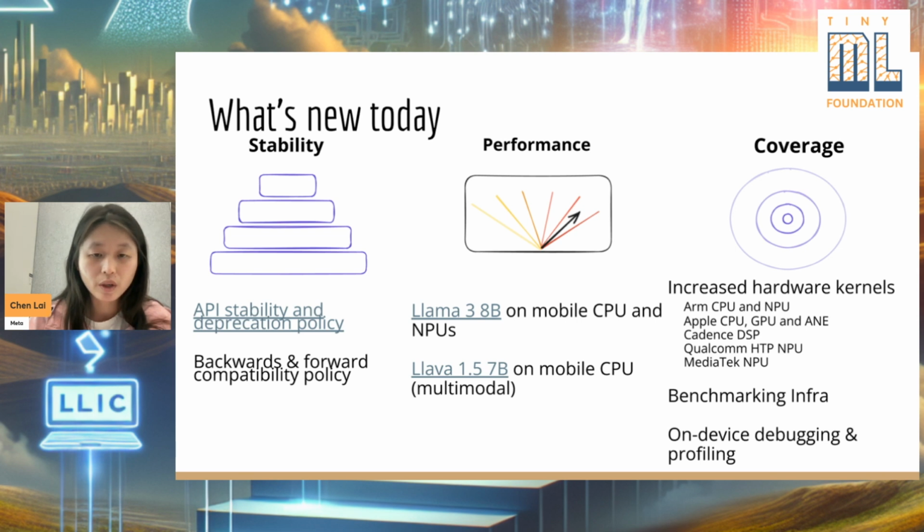Of course, we also support the latest Llama 3.2 1 billion and 3 billion models. And on the coverage side, we enable more kernels, and we focus on setting up the benchmark infra and also the on-device debugging and profiling infra.